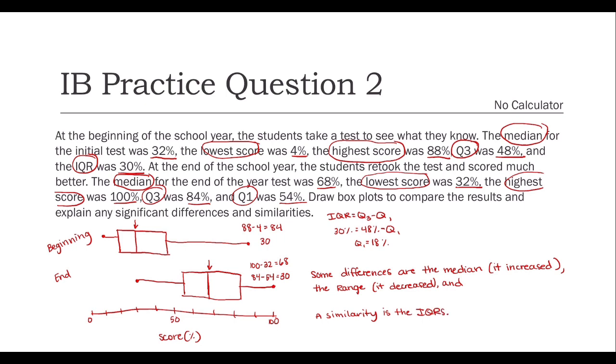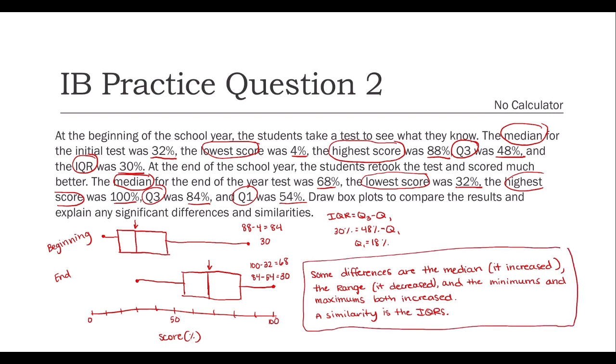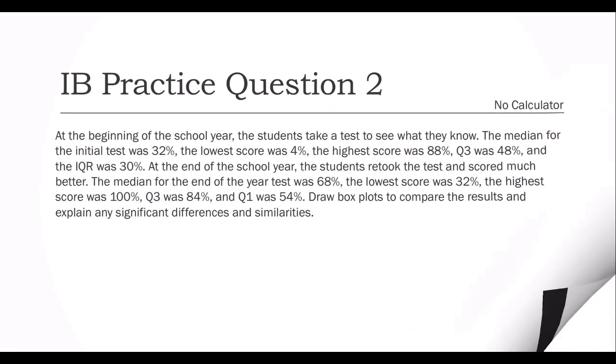And if we wanted to add one more difference, we could say the minimum and maximums both increased. So these are our significant differences and similarities. Some differences are the median, it increased, the range, it decreased, and the minimums and maximums both increased. A similarity is the IQRs. So that's all for that problem.